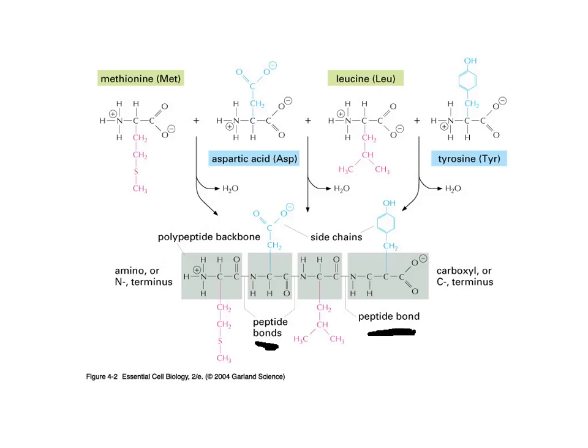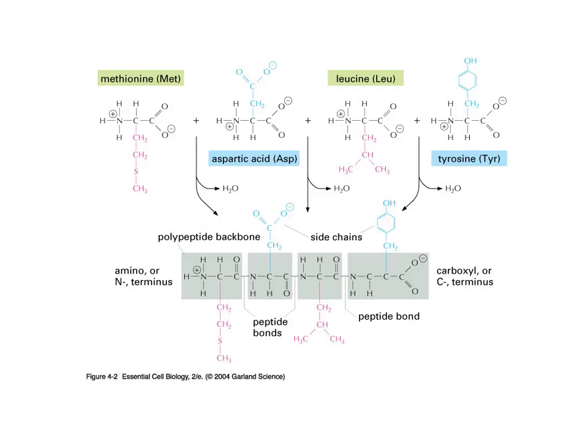All these peptide bonds connect amino acid 1 to amino acid 2 to amino acid 3 to amino acid 4. Each amino acid is connected to the next by these peptide bonds. This carbon to nitrogen bond: that carbon used to be connected to a hydroxide group, and the nitrogen used to be connected to a hydrogen.